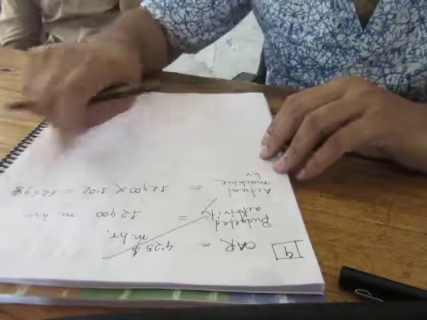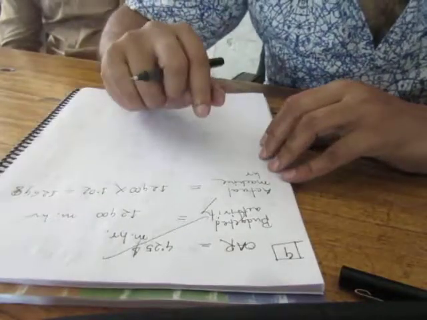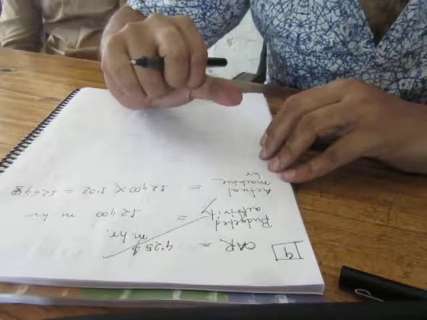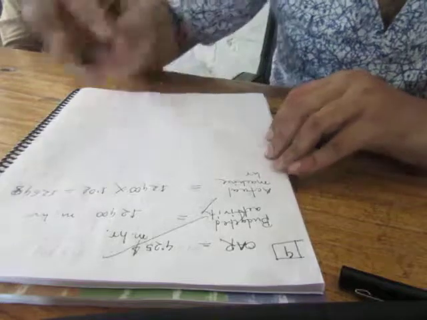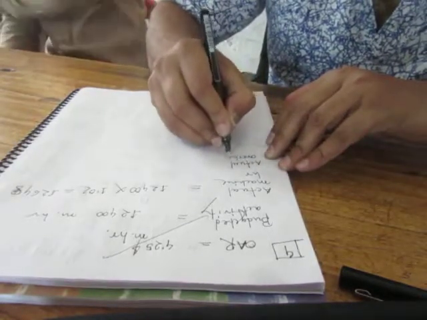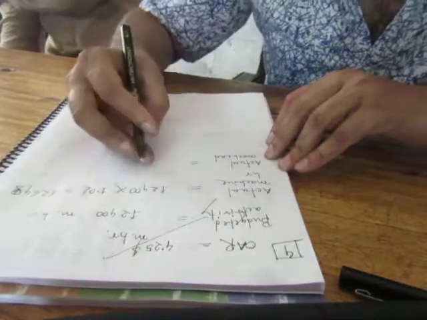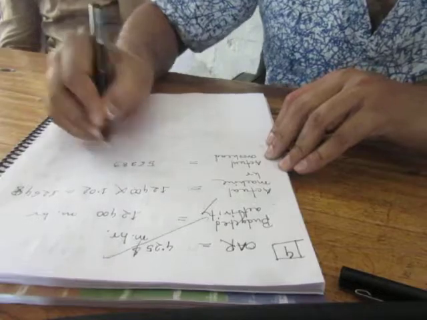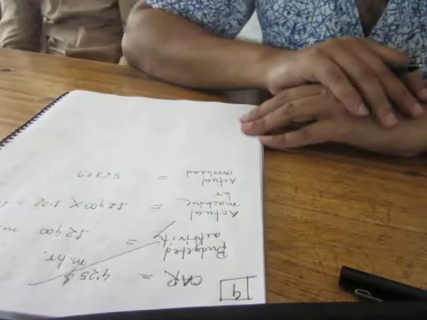So this is the actual machine hours. Now the actual overhead expenditure was 56,389, and this is provided.